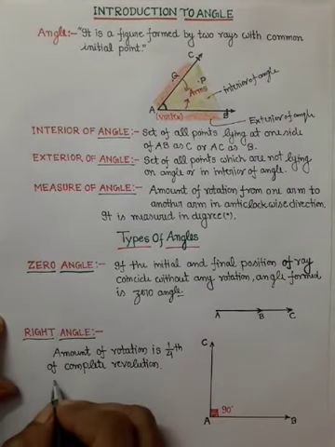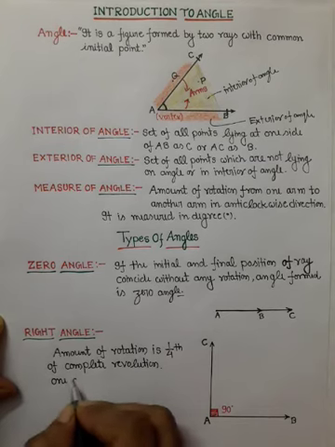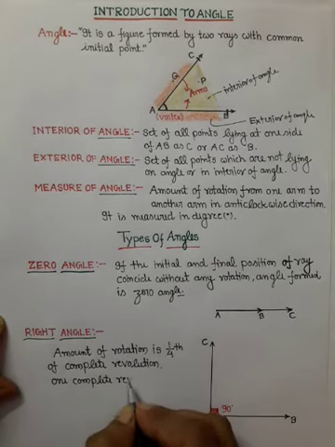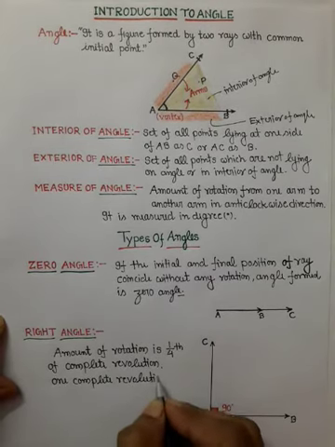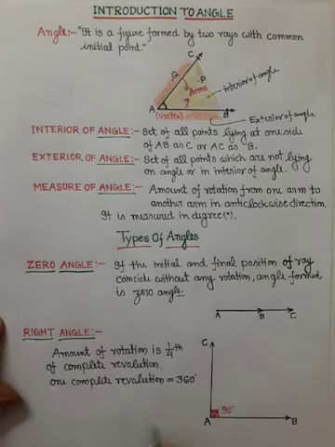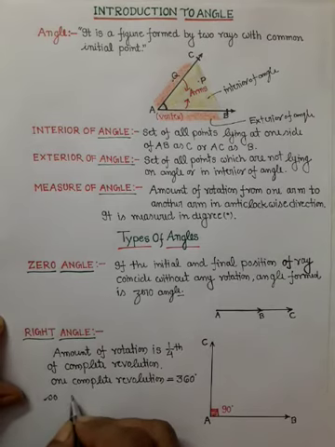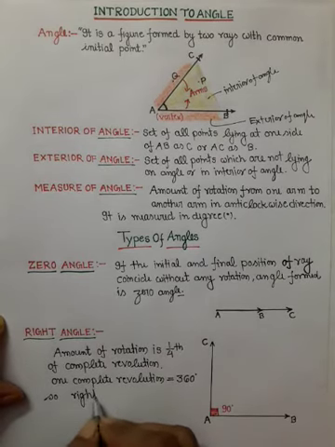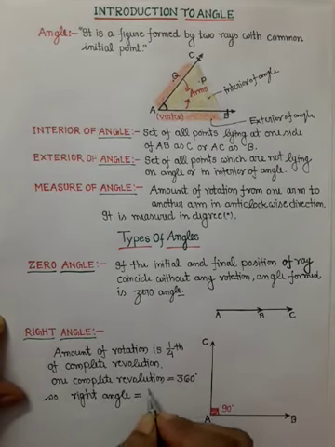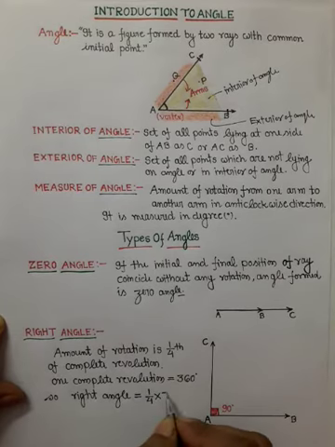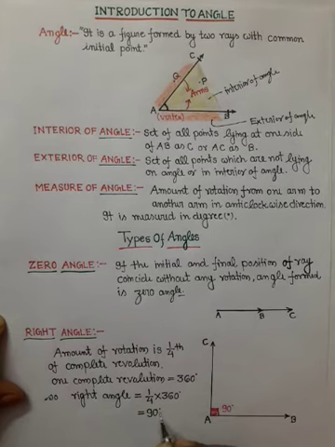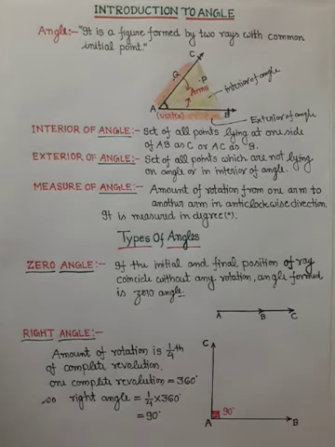One complete revolution provides a total angle of 360 degree, and we measure this in degree. So the right angle is 1/4 of one complete revolution. So this comes out to 90 degree. Hence we can say that the measurement of a right angle is 90 degree.